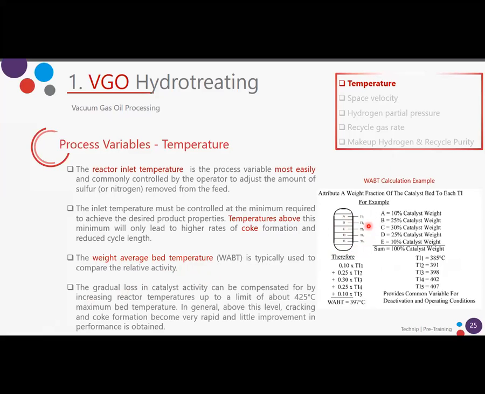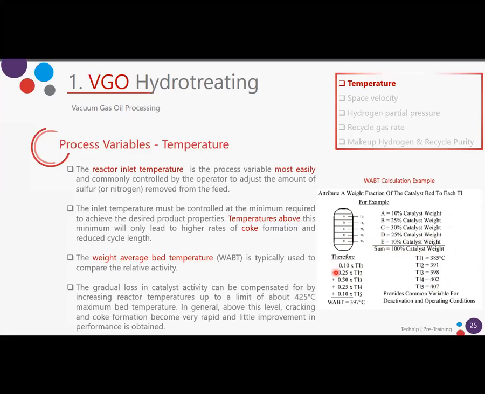Okay, you have 10% for this example in the catalyst in bed A, 25 in bed B, 30% in bed C, 25 in bed D, and 10 in bed E to have the 100% catalyst weight. And you have this average temperature in each bed.